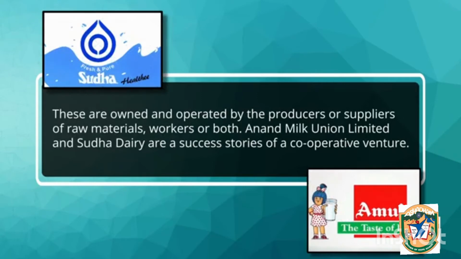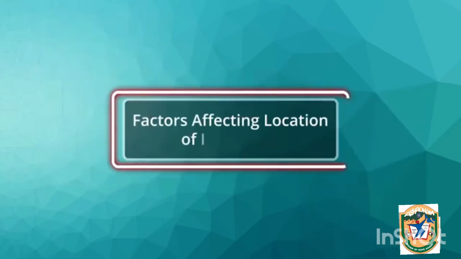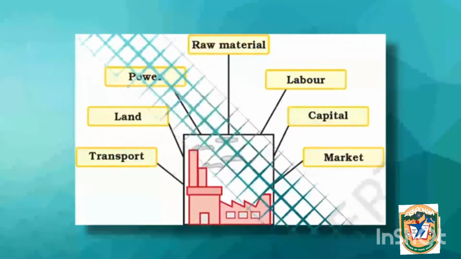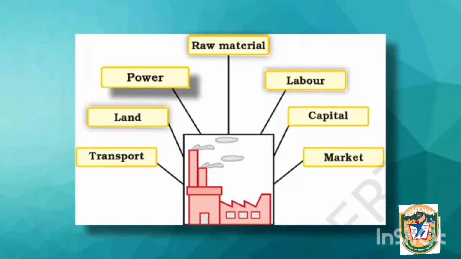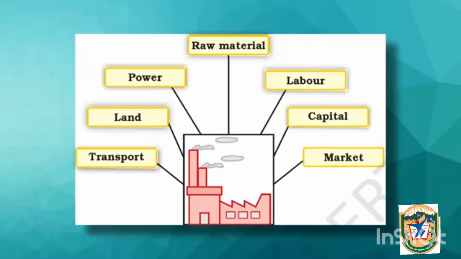Now what are the factors affecting location of these industries? Raw material, labor, water, land, market, capital, power and transport are important factors that affect industry's location. A place where few or all of these factors are easily found, industries are usually established at such places.